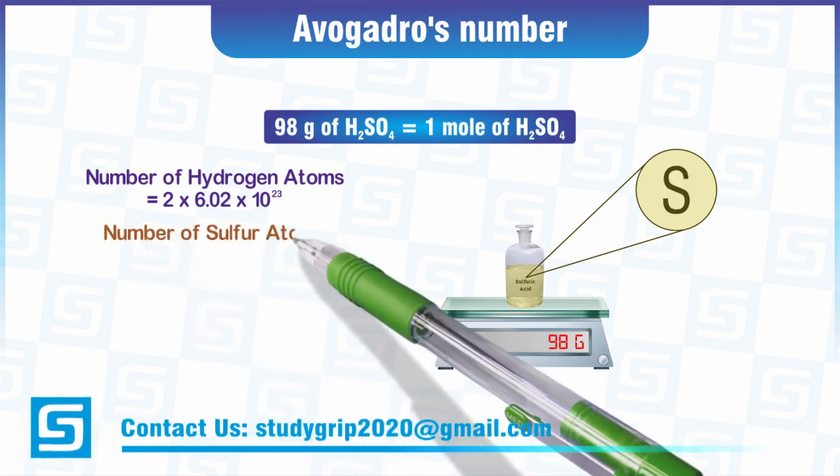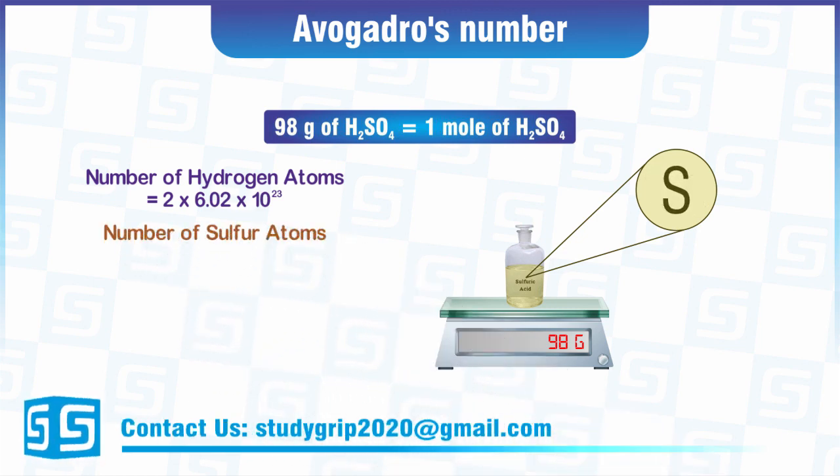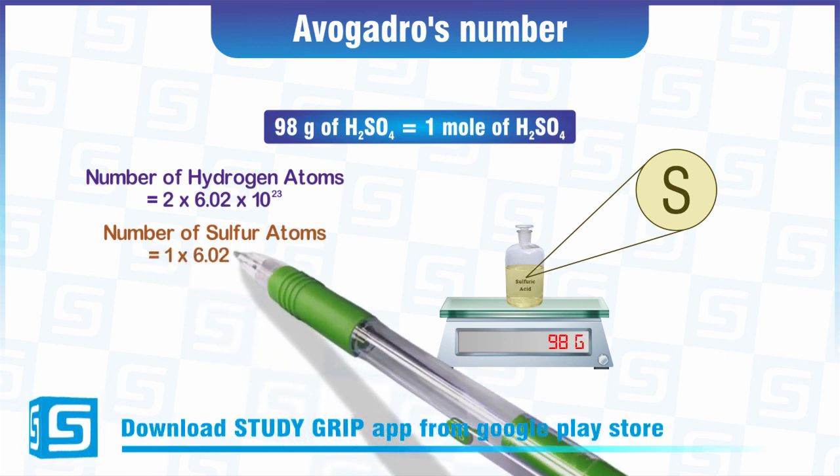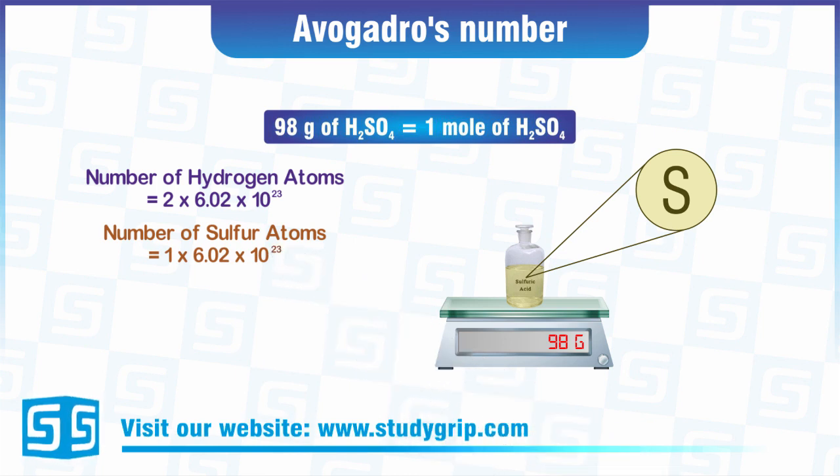The number of sulfur atoms is equal to 1 × 6.02 × 10^23, as 1 molecule of sulfuric acid contains 1 sulfur atom.